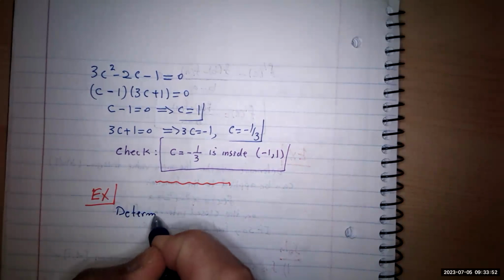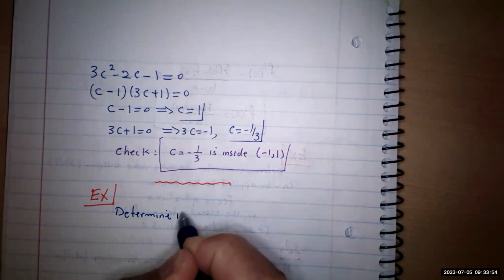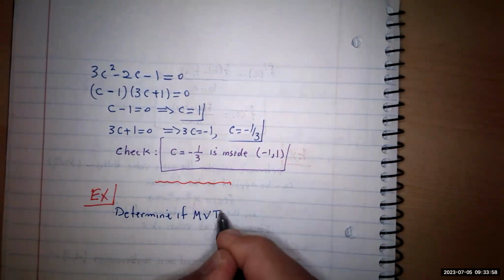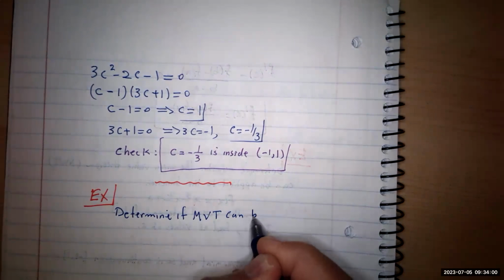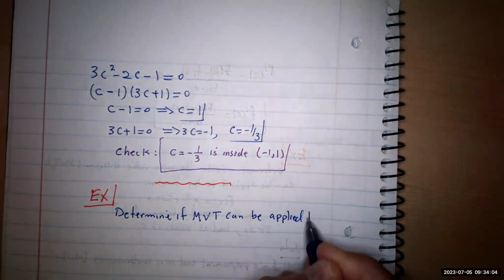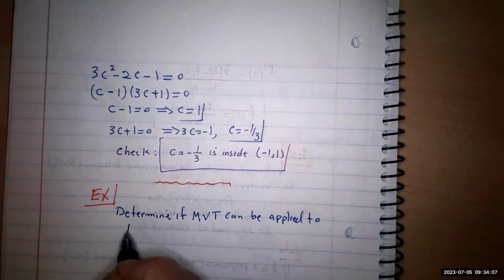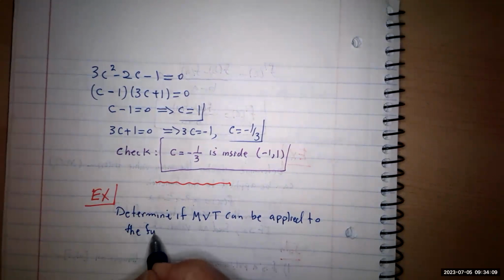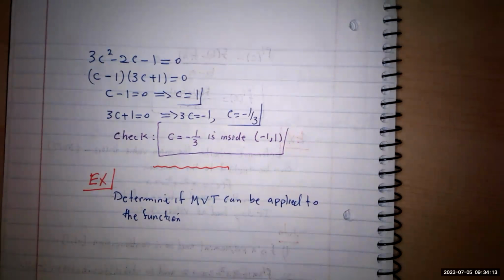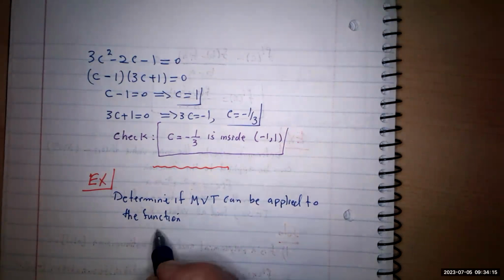I ask you to determine if the mean value theorem, MVT, can be applied to this function. Just pick one of them, and there's going to be one in your practice that we talk about tomorrow.